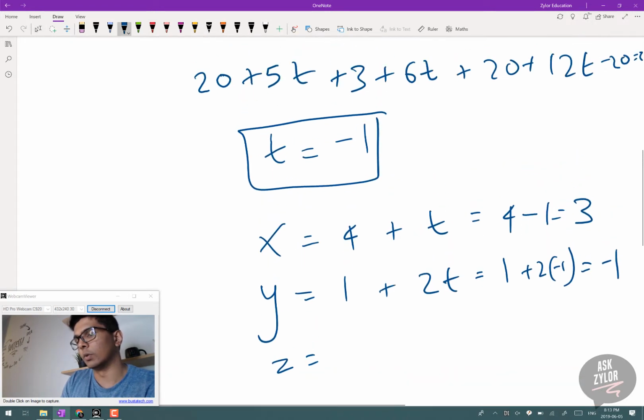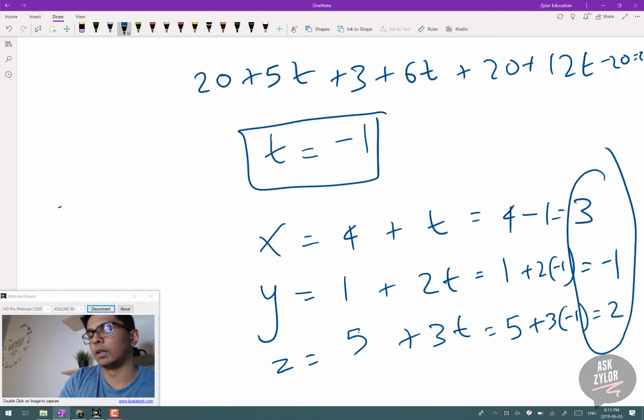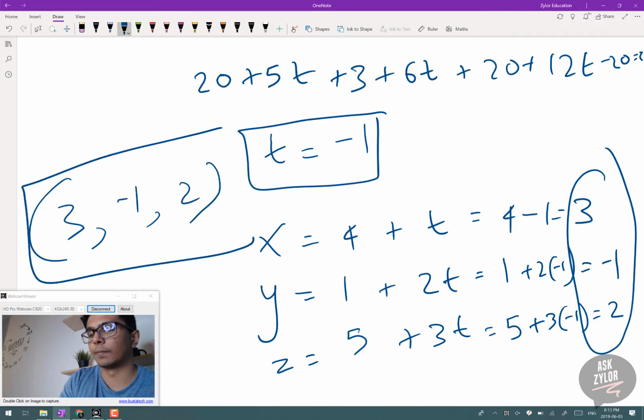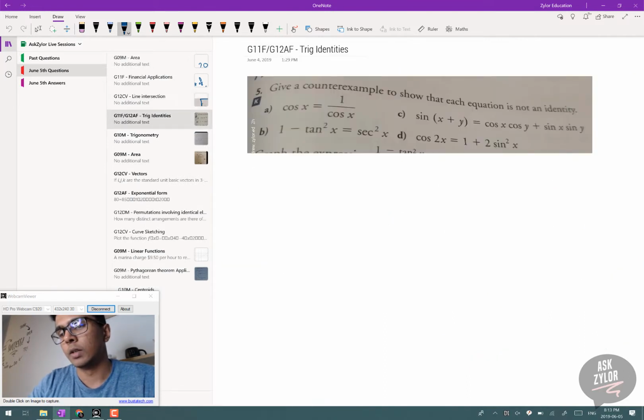Z is equal to 5 plus 3t, right? T is -1 still, 5 plus 3 times -1 is equal to 2, right? So these are my points. 3, -1, and 2 is my point of intersection. Okay? So let's jump to the next one.